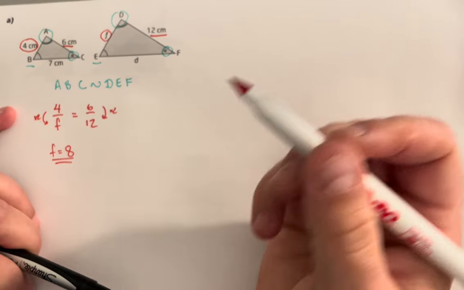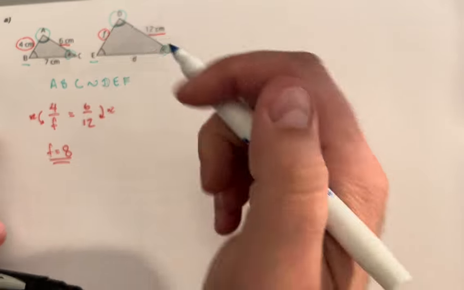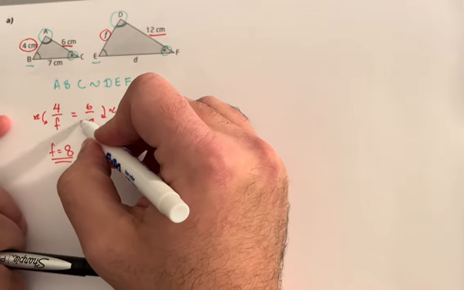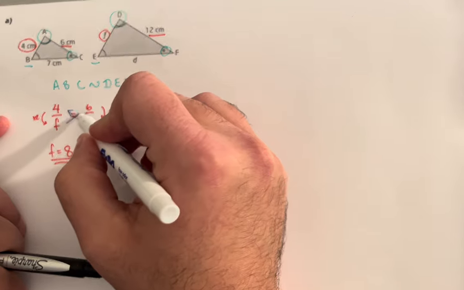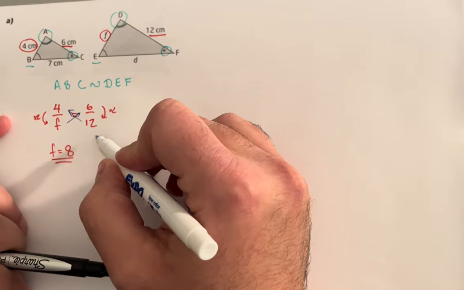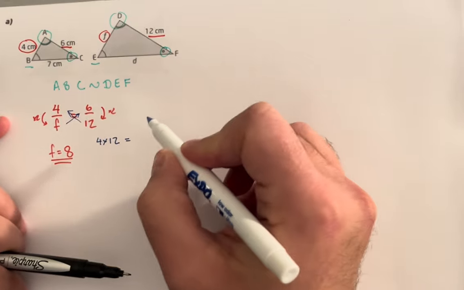All right. We could also do what many people call cross multiplying, and I'm fine with that. So you would have to do that. So 4 times 12 is equal to F times 6.